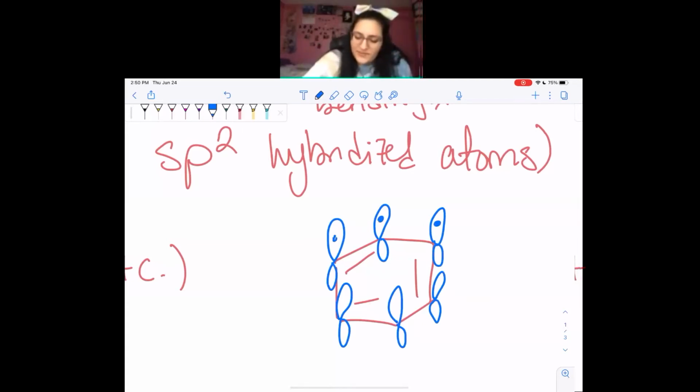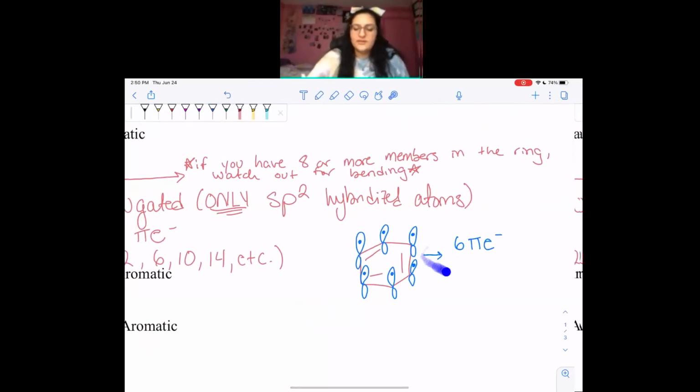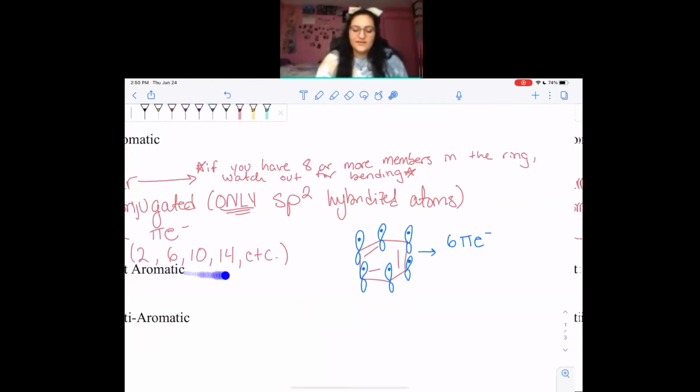All we need to know is that since there is a double bond attached to each of these carbons, each of them has 1 electron in the p orbital. So in total, we have 1, 2, 3, 4, 5, 6 pi electrons. 6 is one of these numbers I gave you. It follows the 4n plus 2 rule, so we know that this is aromatic.